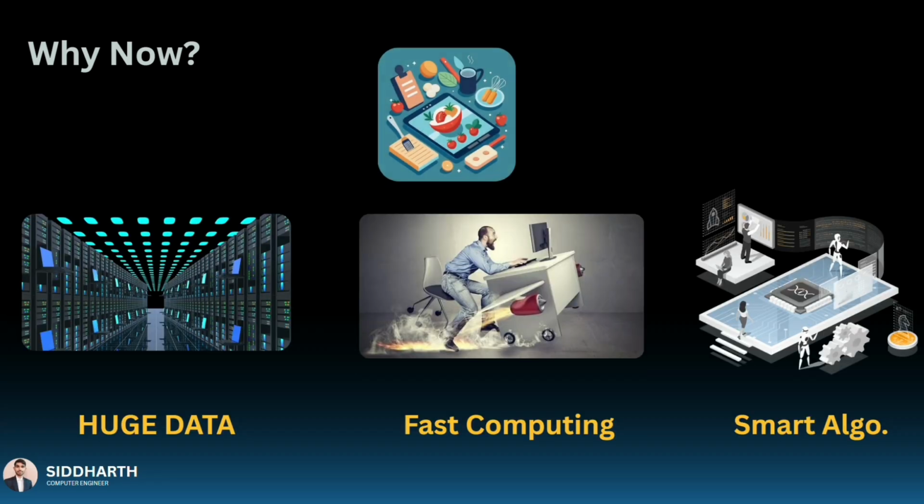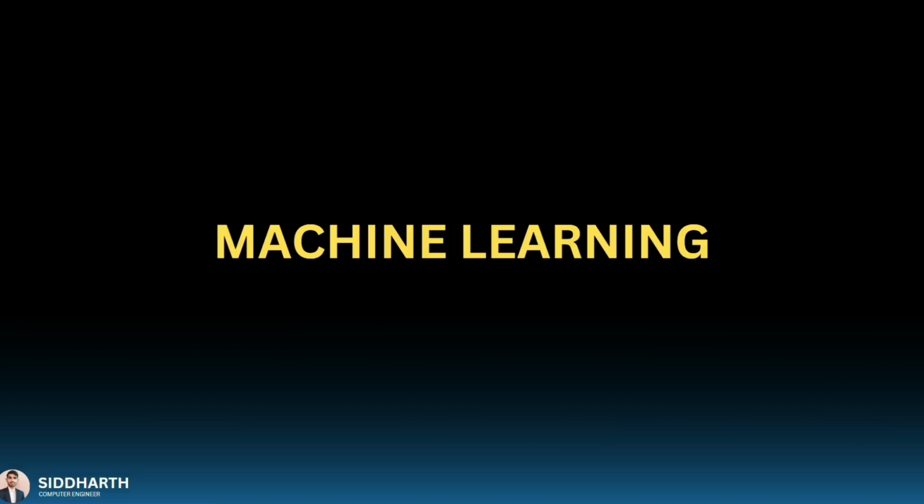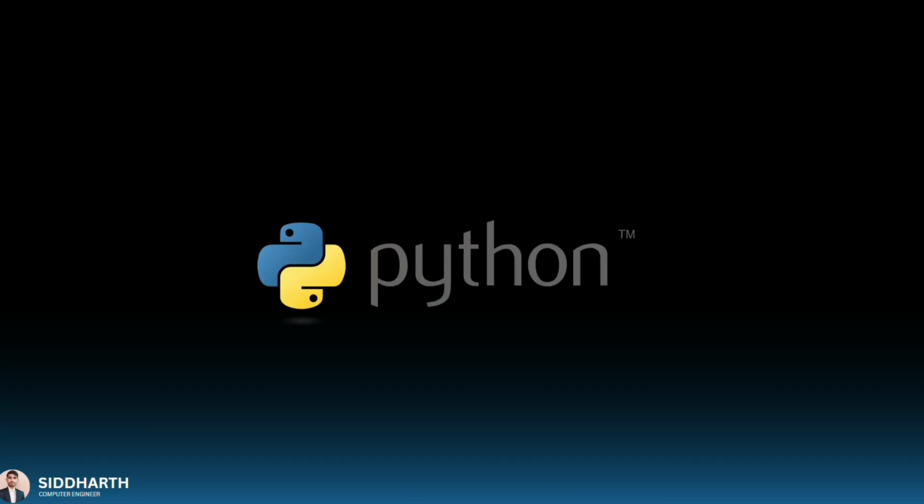Because now we finally have the perfect recipe. Data, fast hardware, smart algorithms, and that's why machine learning is booming now, transforming industries from healthcare and finance to social media and space tech. Pretty amazing, right? Alright, now that we understand why machine learning is so relevant today, let's move on to the next tool that powers it all, Python.